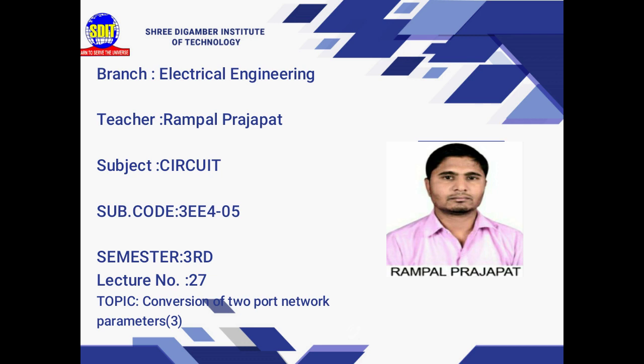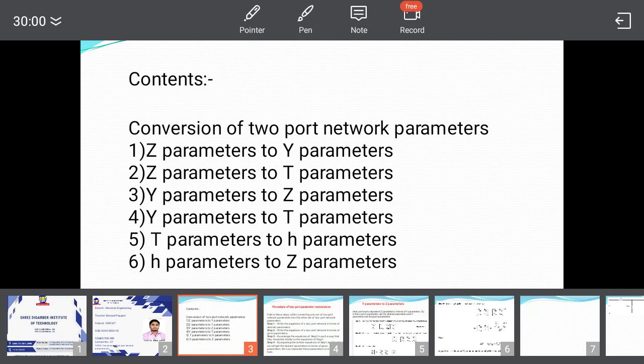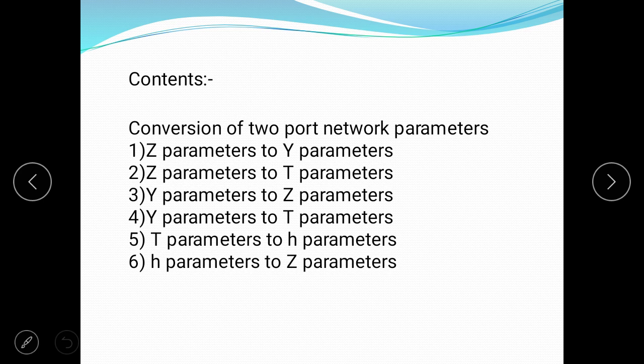In the previous class we discussed conversion of Z parameter to Y parameter and Z parameter to T parameter. Now for today's class we will study conversion of Y parameter to Z parameter.